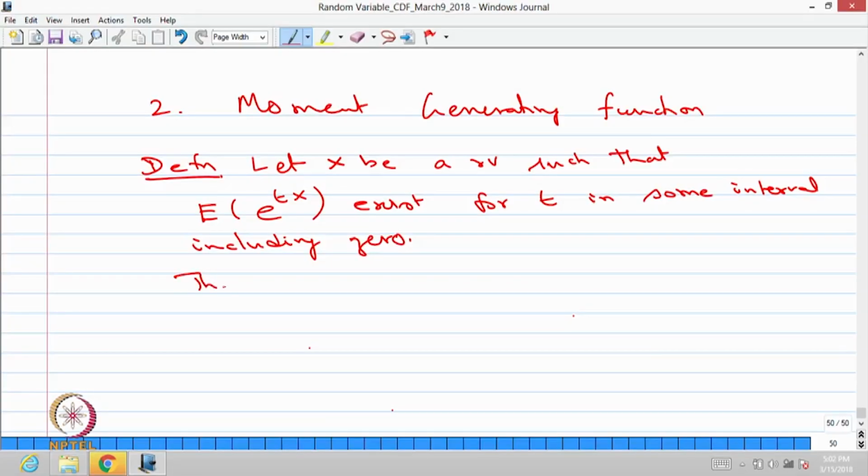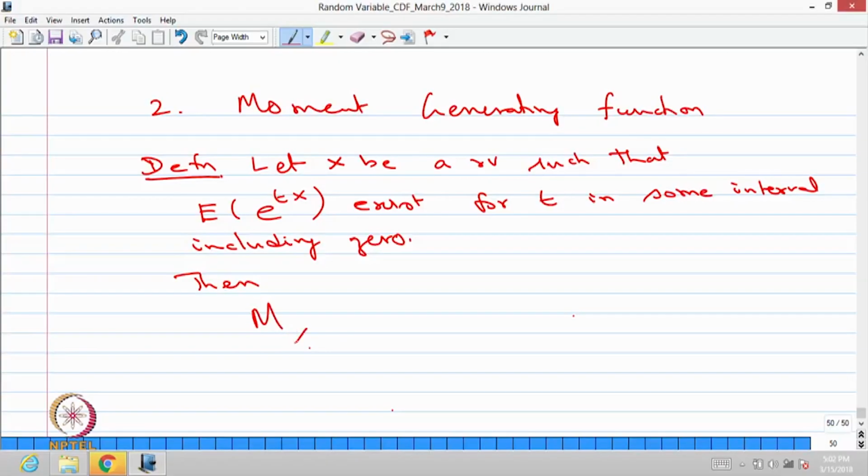in that case, one can define the MGF or moment generating function of the random variable X, with notation M suffix X of t, that is nothing but the expectation of e power t times x.